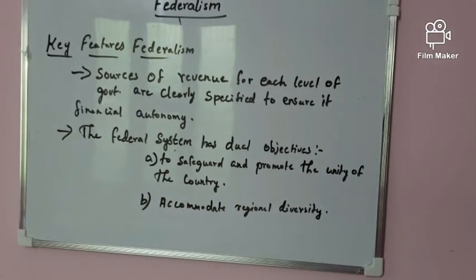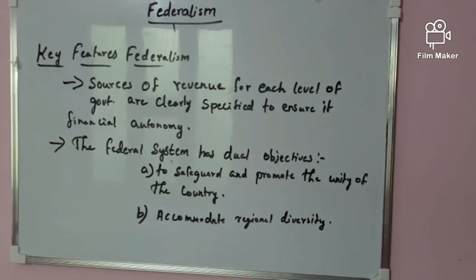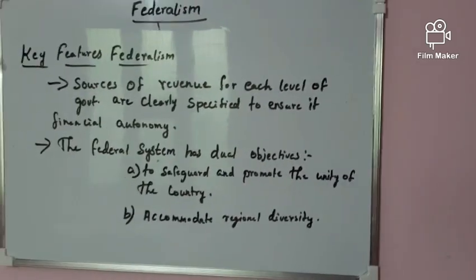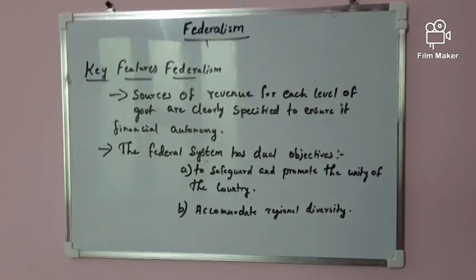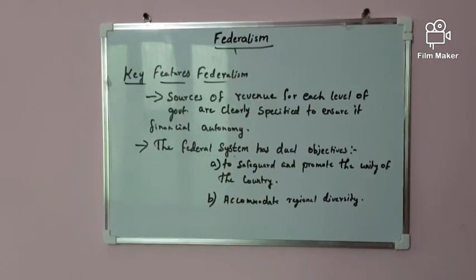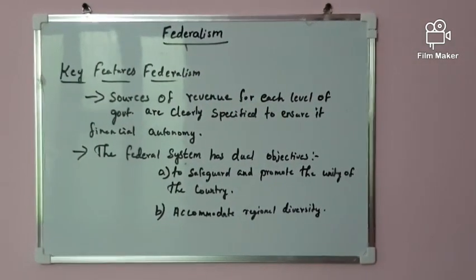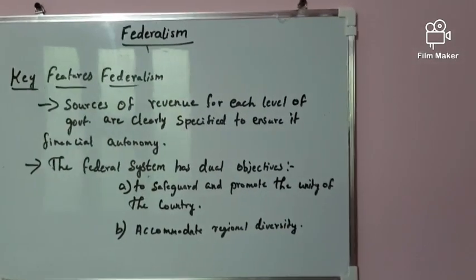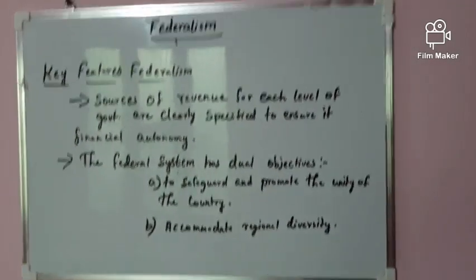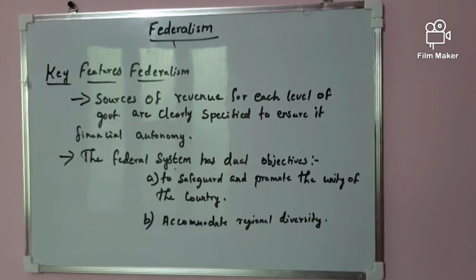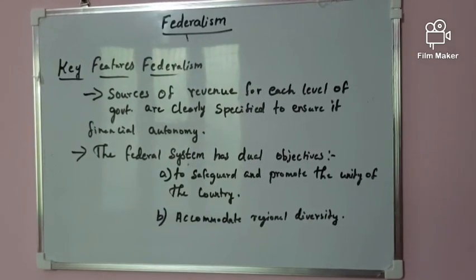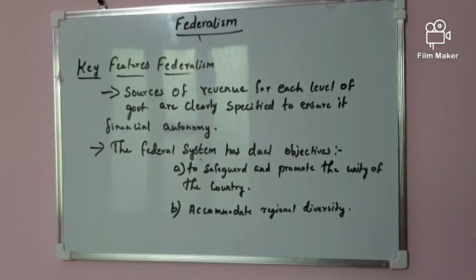When we are making the budget and other things, they fix the rates for these things. This depends upon the state. So here the sources of revenue of each level of the government are clearly specified to ensure its financial autonomy.